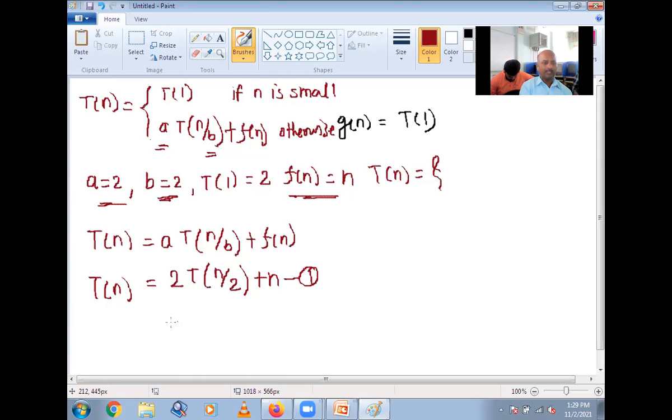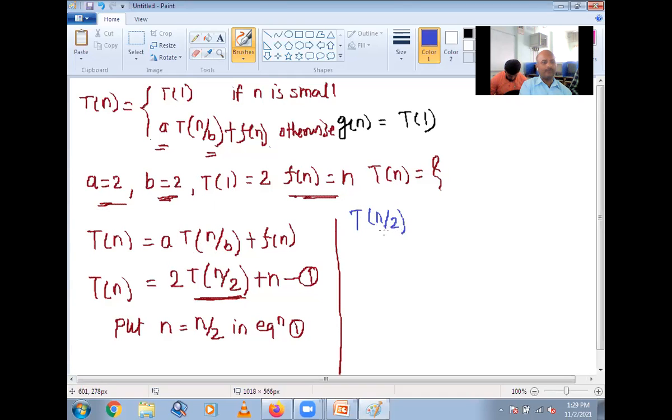So in this equation, we have to find the value of T of n by 2. So put n is equal to n by 2 in equation 1. So we get T of n by 2.